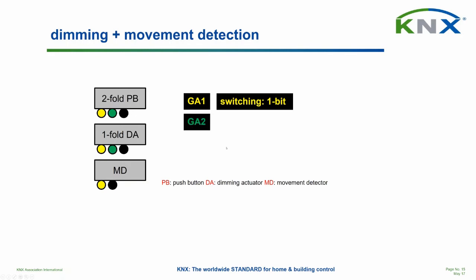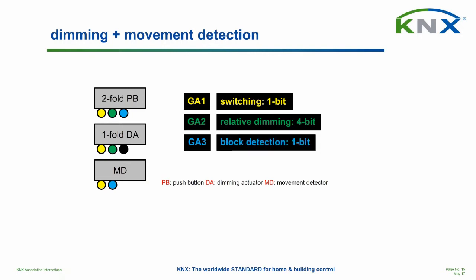And then there is the group address for the relative dimming, divided over the push button and the dimming actuator. And then there is yet another link, but this time not between the dimming actuator and another device, but between the same push button and the movement detector. You might wonder, why do we need this? Well, this is for blocking the detection.